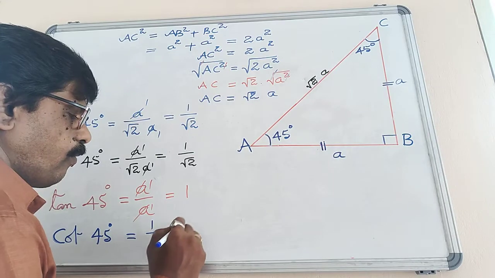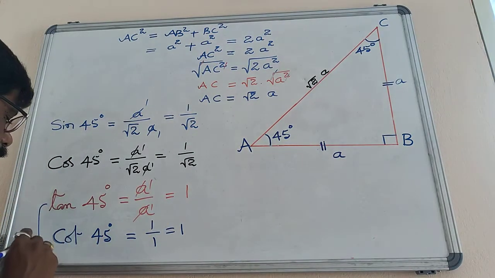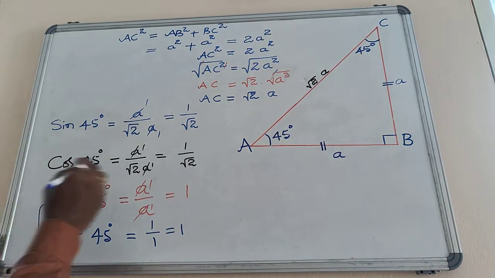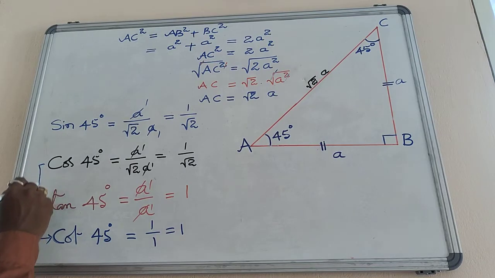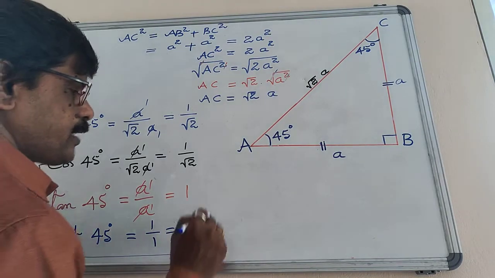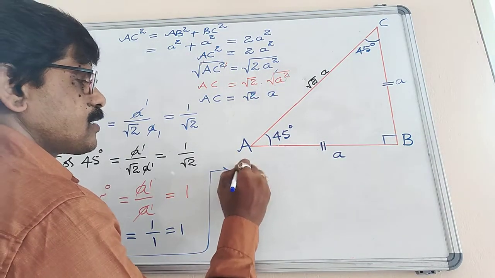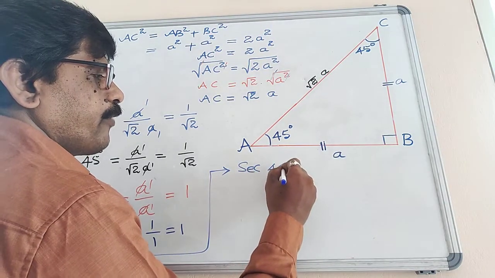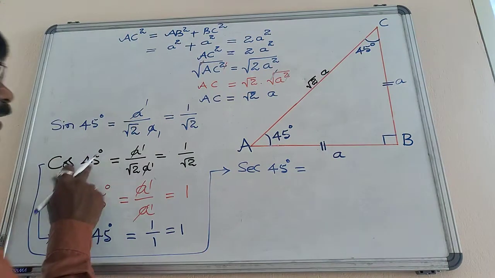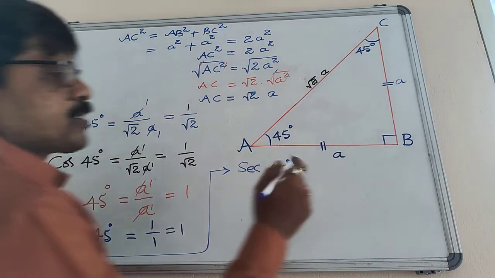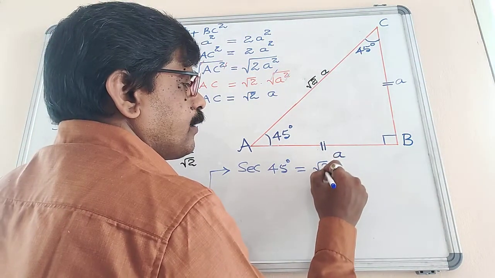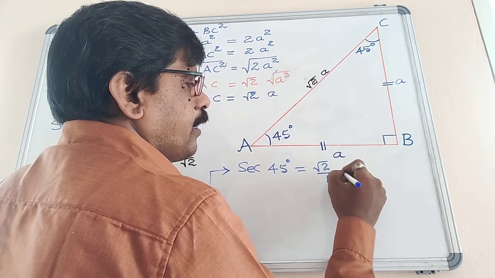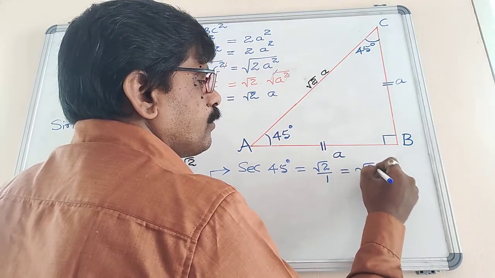It will be 1. Clear? The next one, the reciprocal of cos is secant 45 degrees. Its reciprocal is root 2 by 1. It will be root 2.